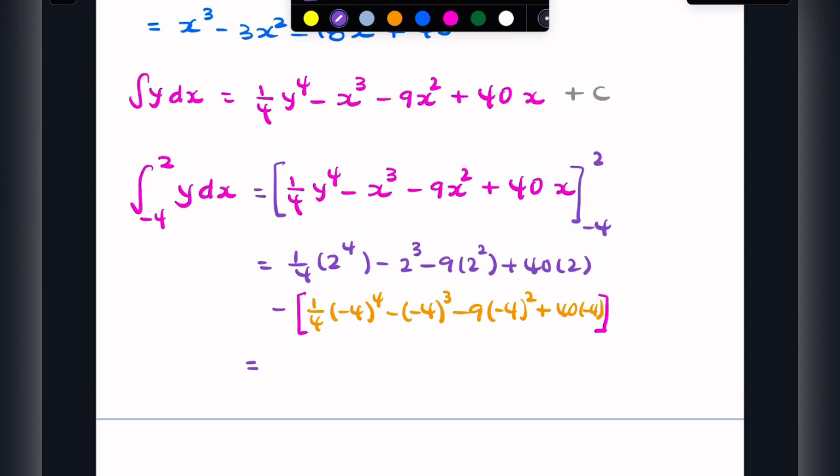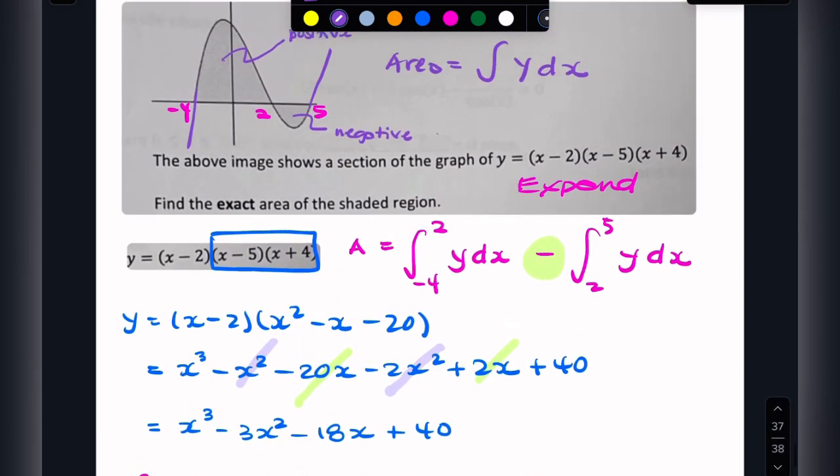That will give you 216. So that's the first area.